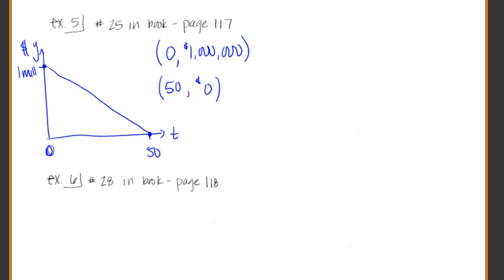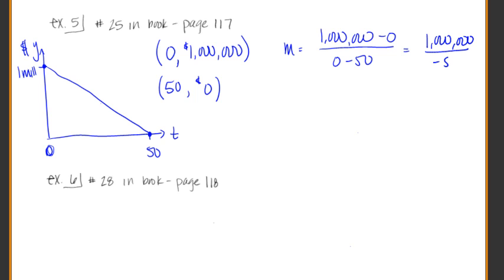So if I have 2 points, can I find a slope through them? Of course. The slope is just the difference in the y values, so I'm going to go the top number minus the lower number over the top minus the lower. So if I look at basically $1 million divided by negative 50, then I have a slope of negative 20,000.